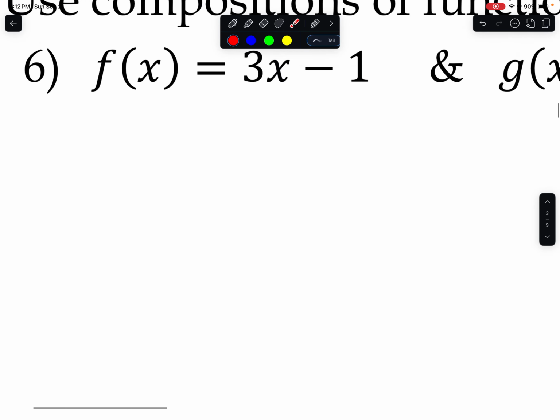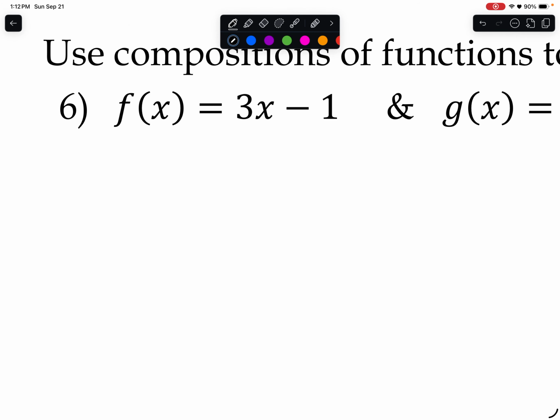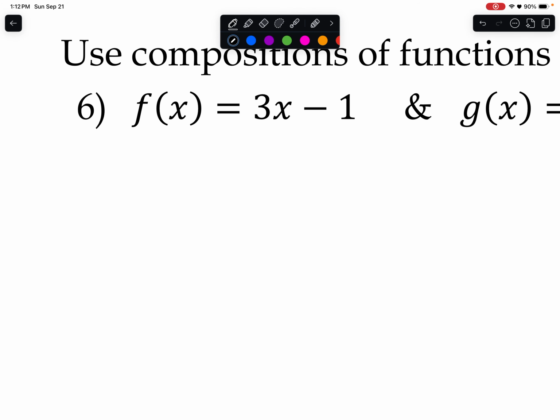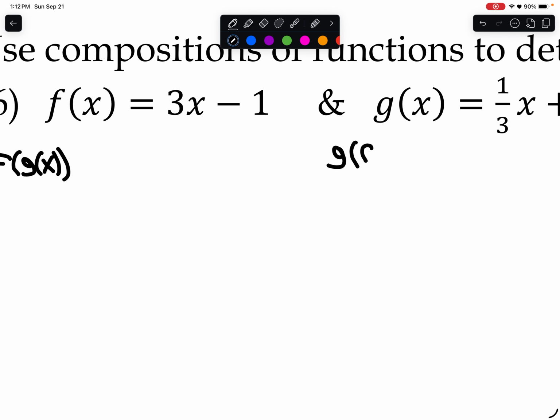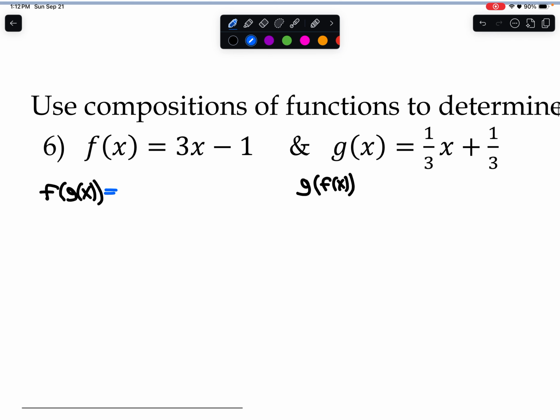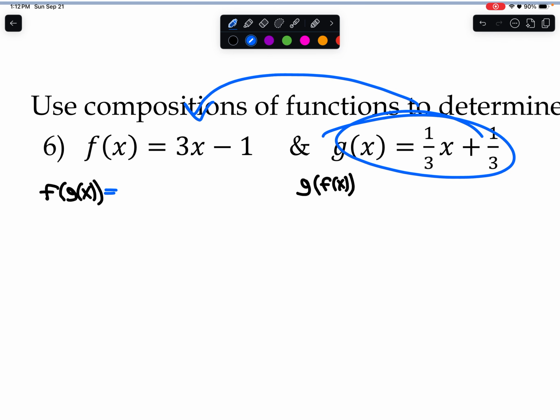So we're going to use compositions to prove whether or not these are inverses. So I'm going to do both f of g of x, but I also will need to do g of f of x. So we're going to start with f of g of x. So I'm going to take g of x and plug it in over here into f of x.